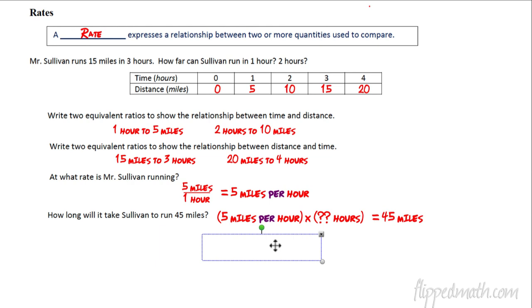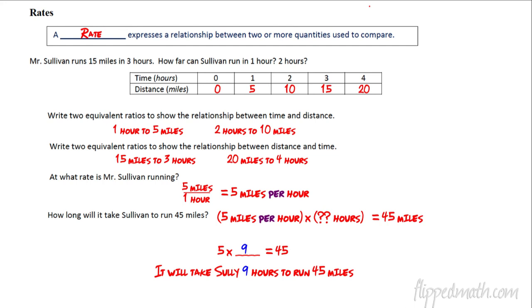So another way to think about this is 5 times however many hours has to equal 45. And so we know this is easy math. Now the problems I've given you are all easy math because we're just getting used to the words and the terminology. 5 times 9 is 45. So we always want to answer the question with a sentence. It'll take Sully 9 hours to run 45 miles, right?